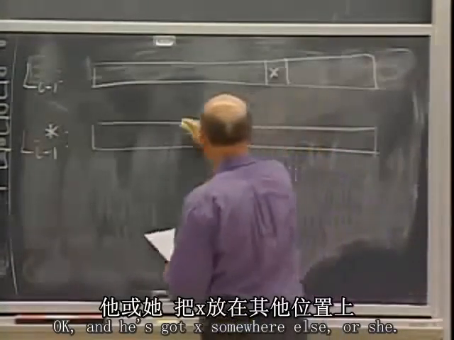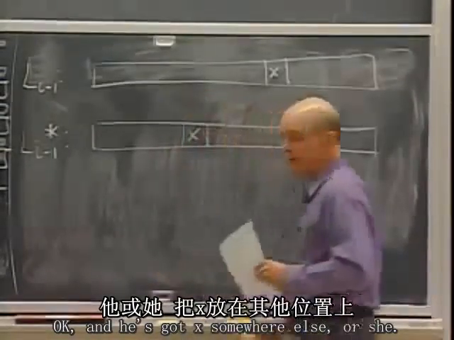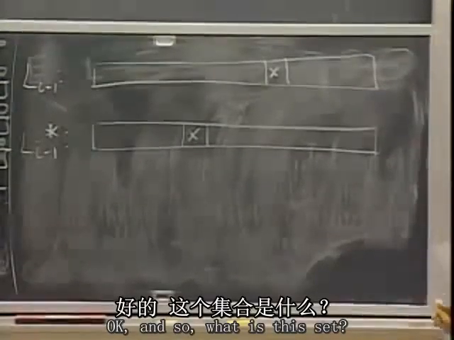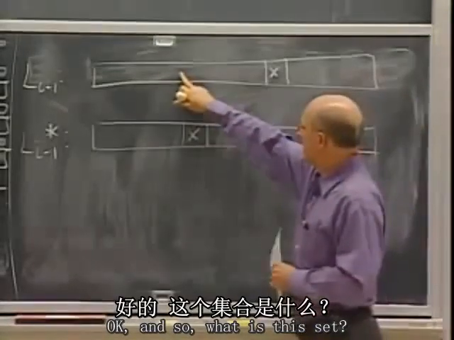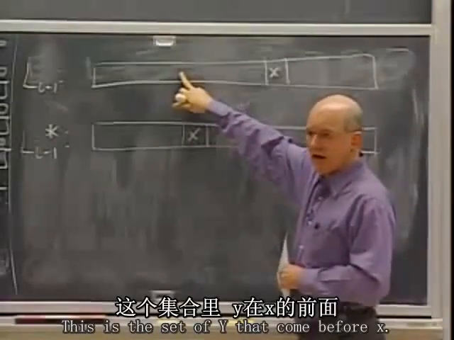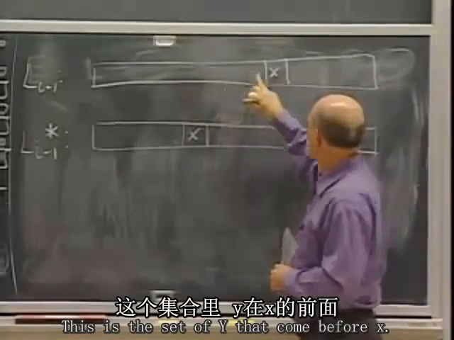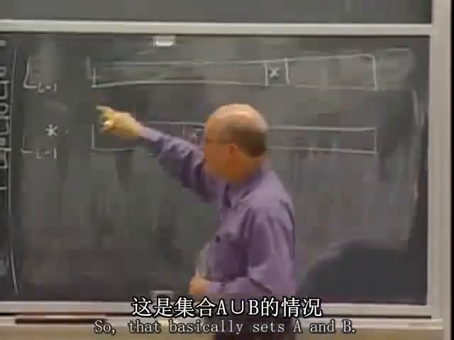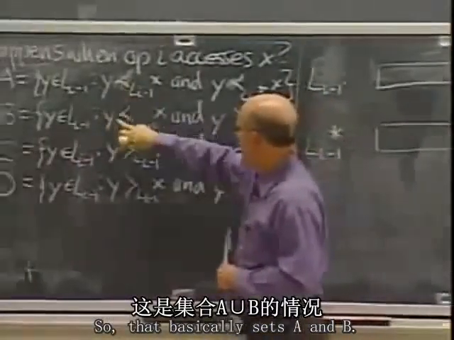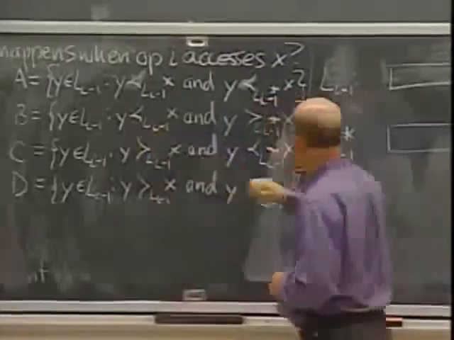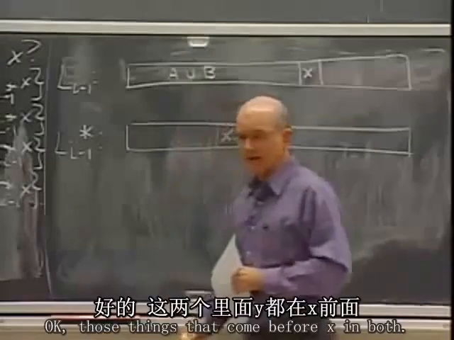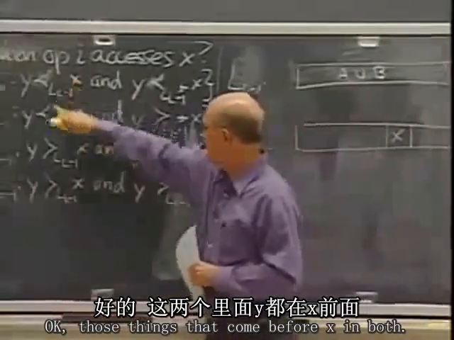And it has X somewhere else. And so, what is this set? This is the set of Y that come before X. So that's basically sets A and B, those things that come before X in both.